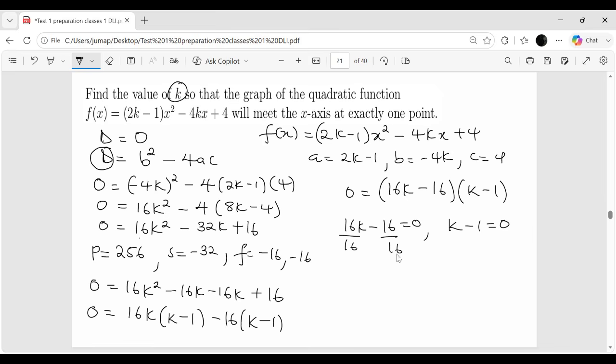Oh, sorry for that. I thought I've already done the transferring. So here it's going to be 16k is equals to 16. Then you have your k minus 1 is equals to 0, you also take this one to this side.